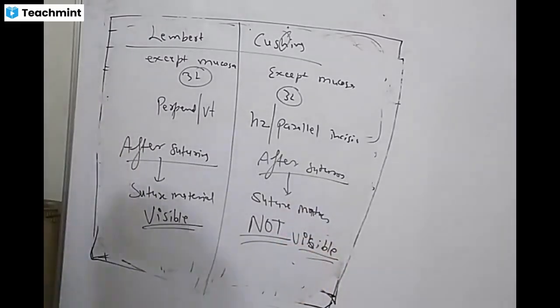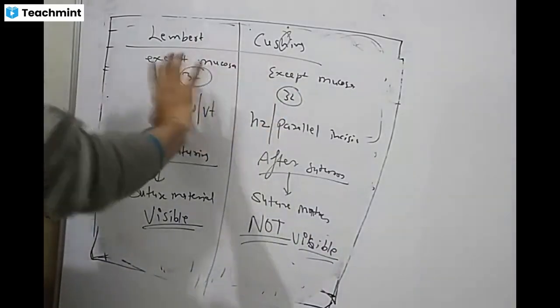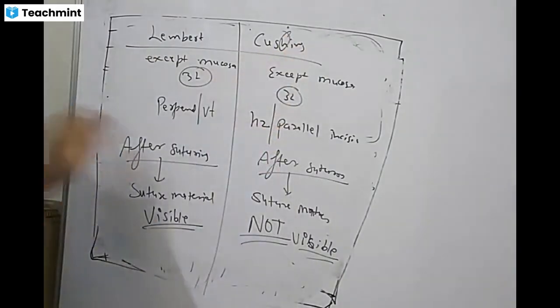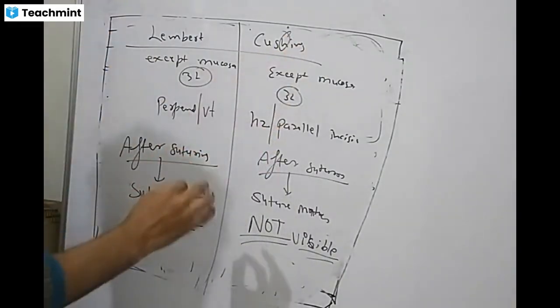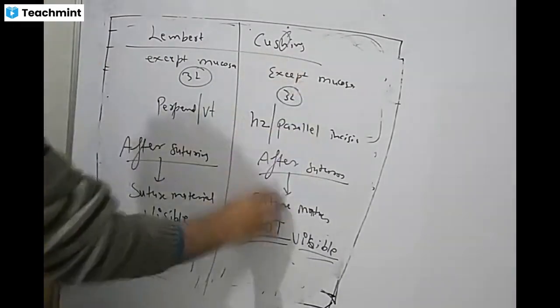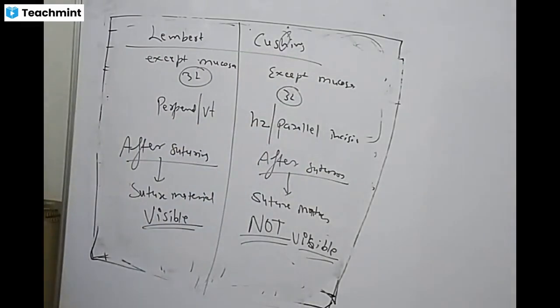Not visible. So these are three differences. Both are three layer except mucosa, perpendicular, parallel. After suturing, if you see with your naked eye, the suture material will be visible. In this case, material is not visible.